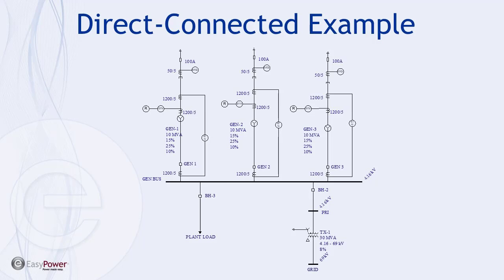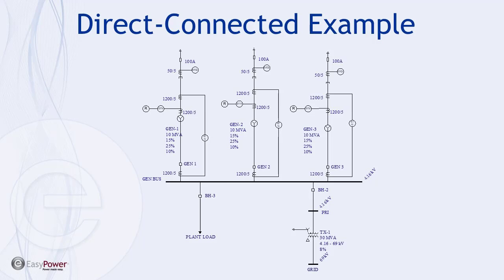So here's just a simple example of direct connected generators. I have 3 units, each of them 10 MVA, 4160, and each one has a generator breaker. So we would synchronize across this breaker to a common bus, and then typically, not always, but you oftentimes will have some kind of a transformer here to interface out to the utility system or to the grid, and then another breaker that's going to feed your local loads, plant loads, directly.